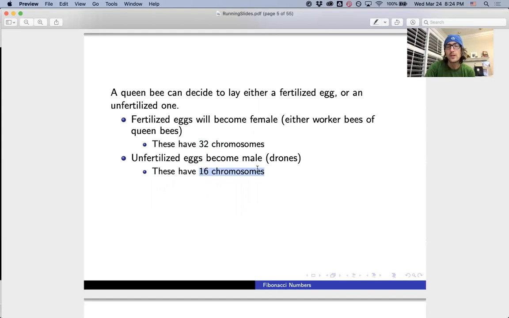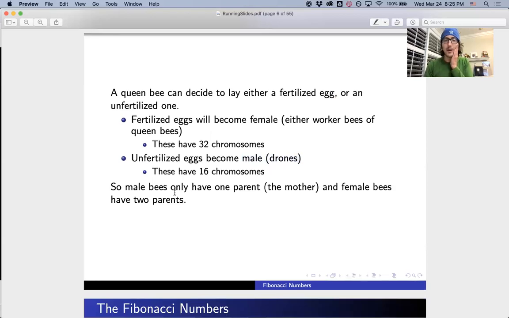It so happens that the unfertilized ones become the males, and the fertilized ones become female. So the male bees only have one parent, a mother, because everything has a mother, since it's coming from an egg. But the females have two parents, a mother and a father. They get chromosomes from two different parents.